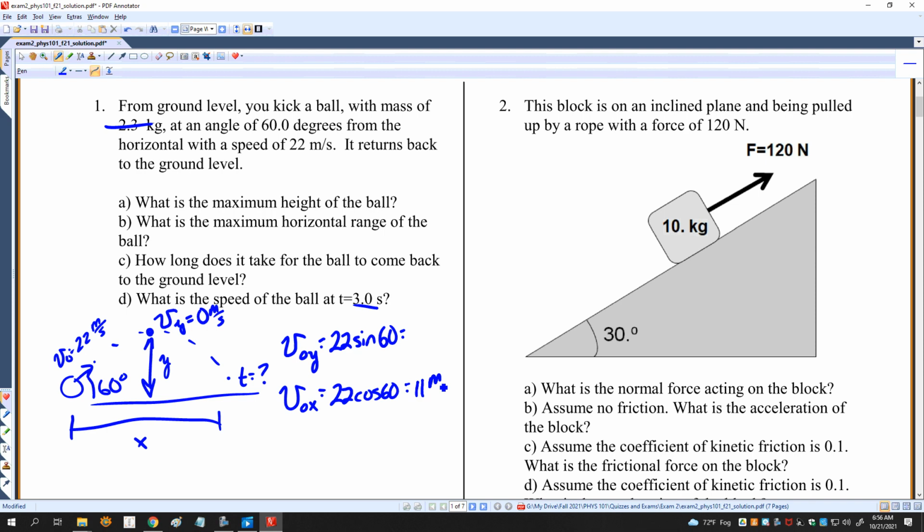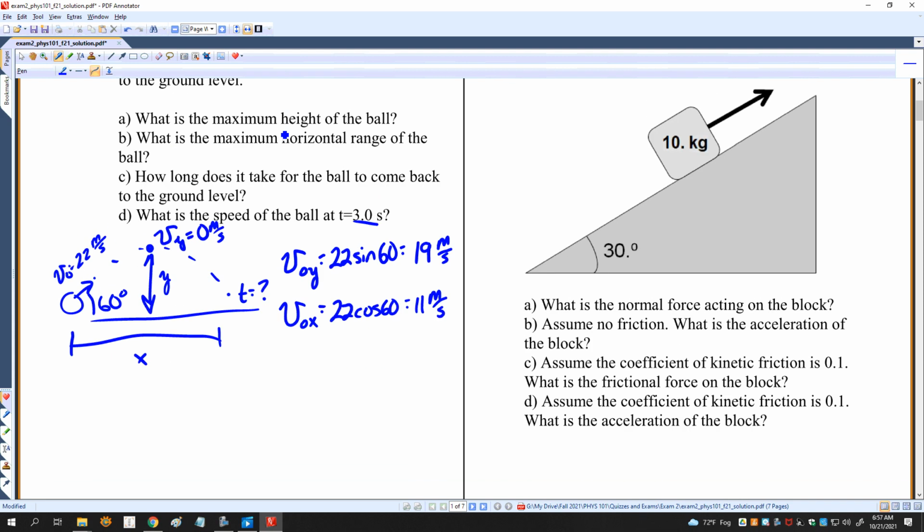So this is equal to 11 meters per second, and then 22 sine of 60 is equal to 19 meters per second. All right, keeping 2 sig figs because I have 2 sig figs here, so that limits the number of sig figs that I have.